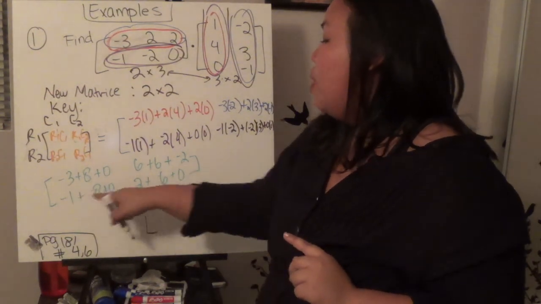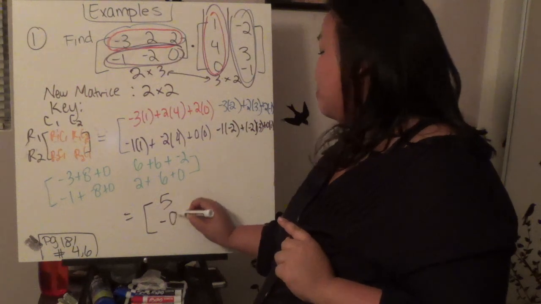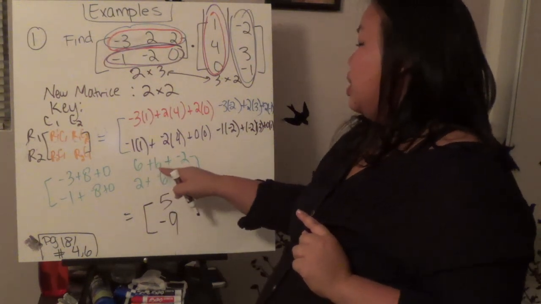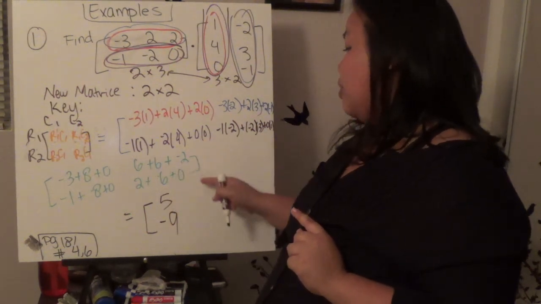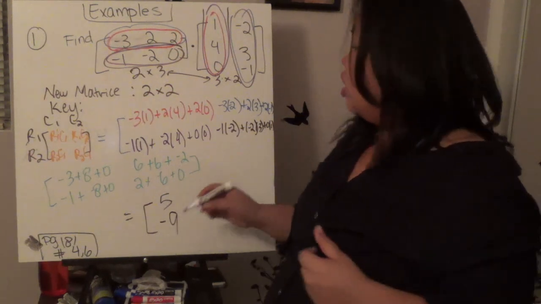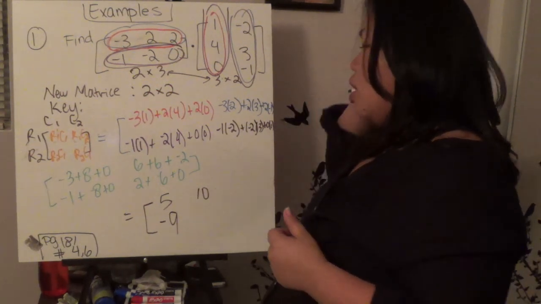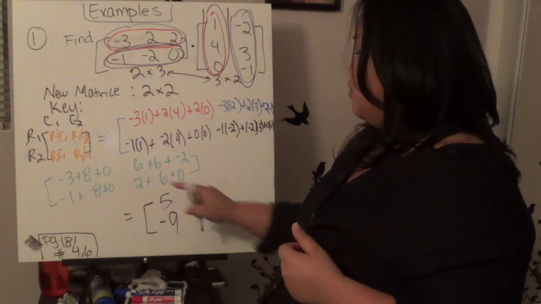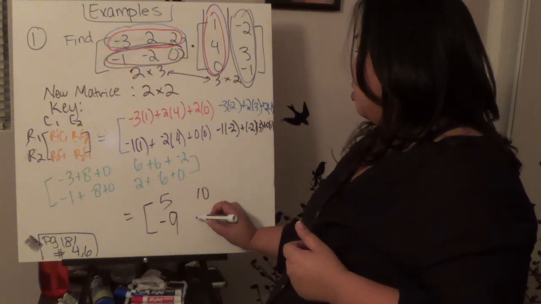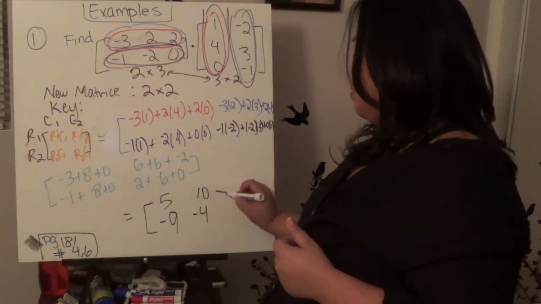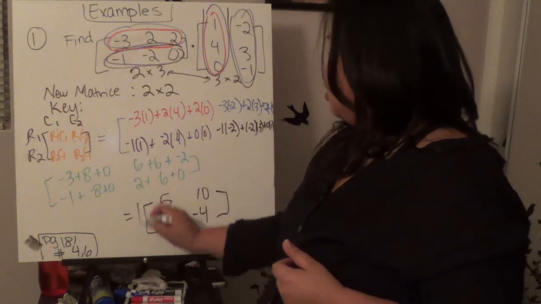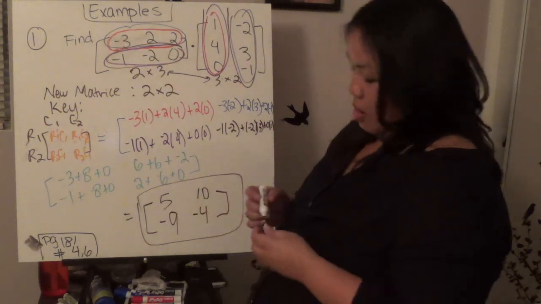And then negative 1 plus negative 8 is negative 9. 6 plus 6 is 12, plus negative 2. 12 minus 2 would give us 10. And then 2 plus negative 6 is negative 4.